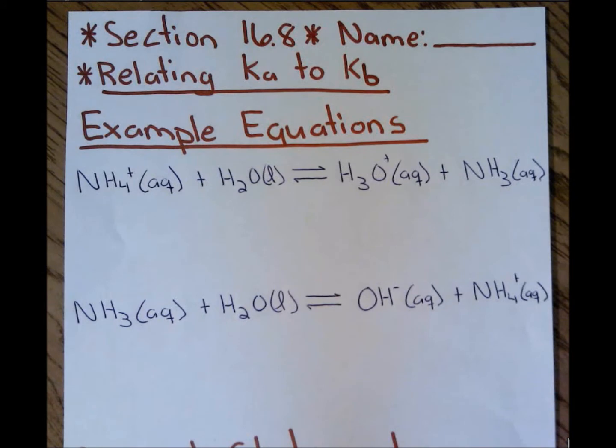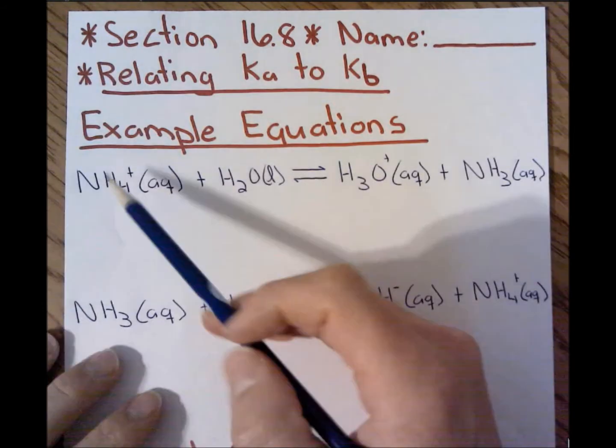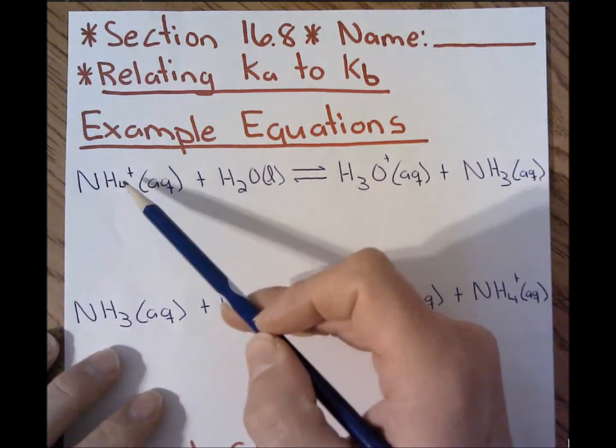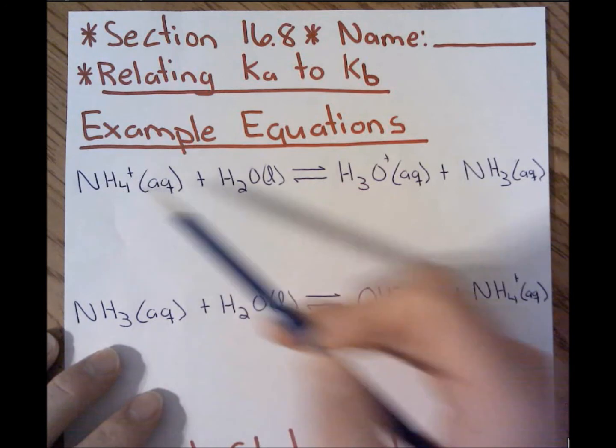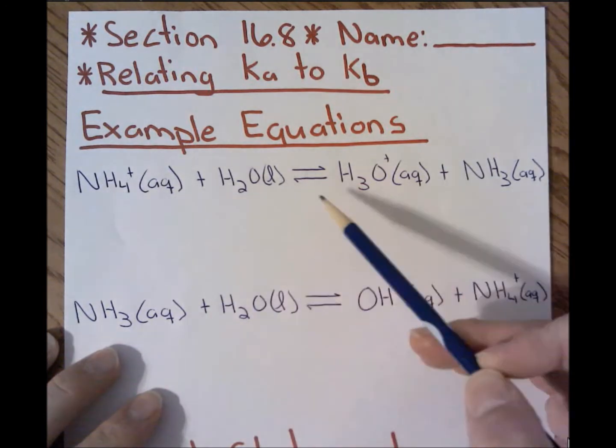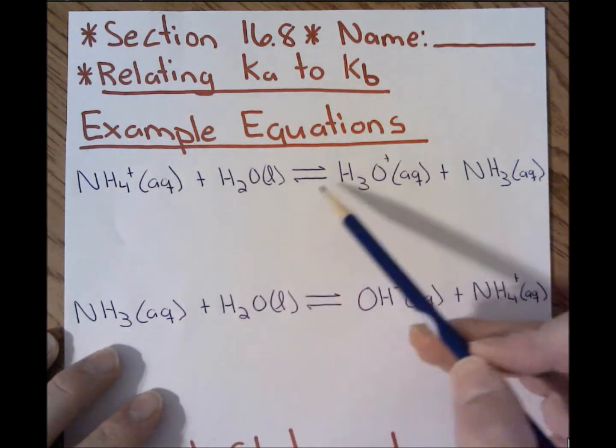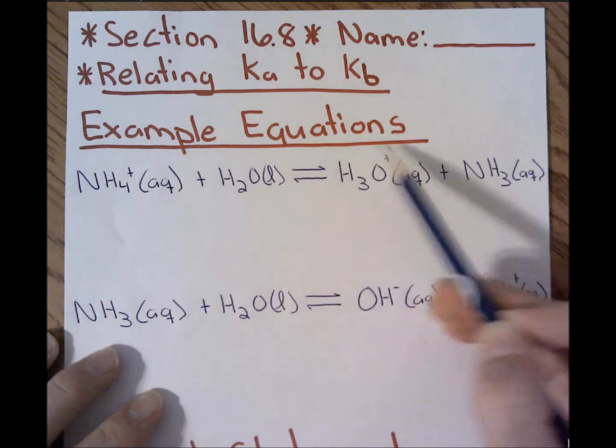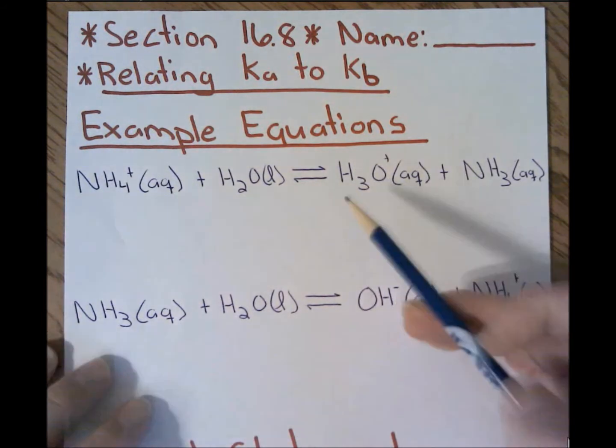So we start out here with some example equations that we've actually seen before. Here we have the ammonium ion, which is a weak acid, because it donates its H+. You can see H2O gains that H+, and we form H3O+, the hydronium ion.